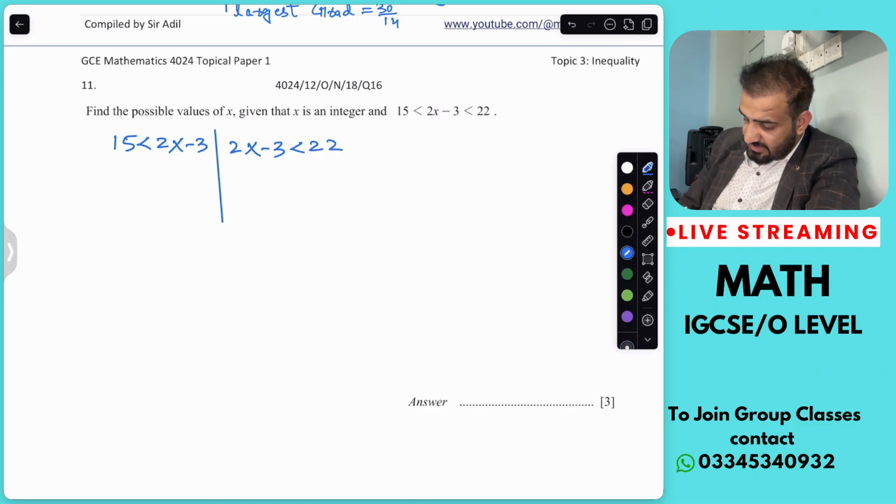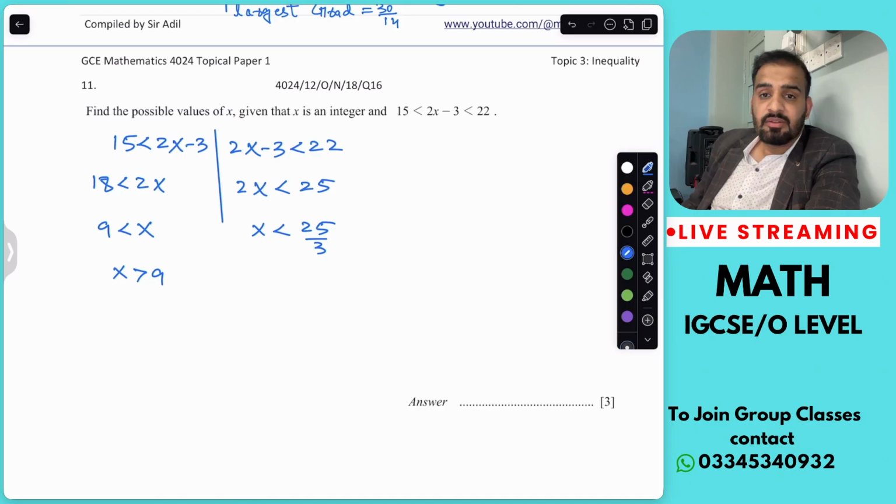So 15 plus 3 is 18 less than 2x. 9 less than x. X is greater than 9. So 2x less than 25. X is less than 25 over 3, which is 6 point something.